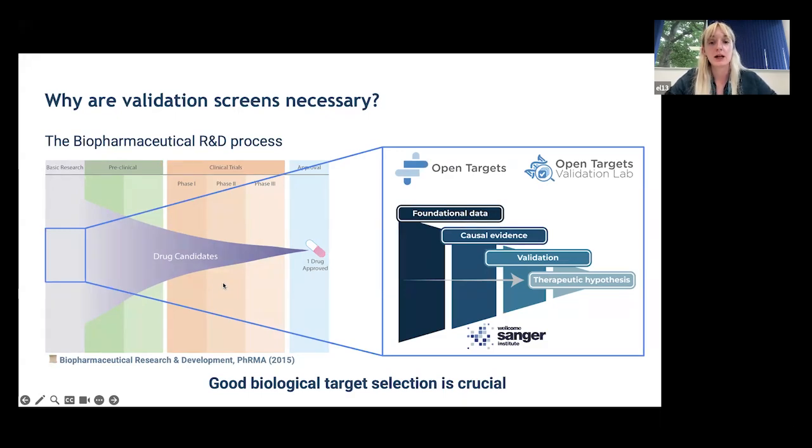This is showing you the importance of drug discovery pipeline, but I also think this is key for purely academically focused research to address the reproducibility crisis and ensure that any published biological findings have been really robustly scrutinized and validated in their system.